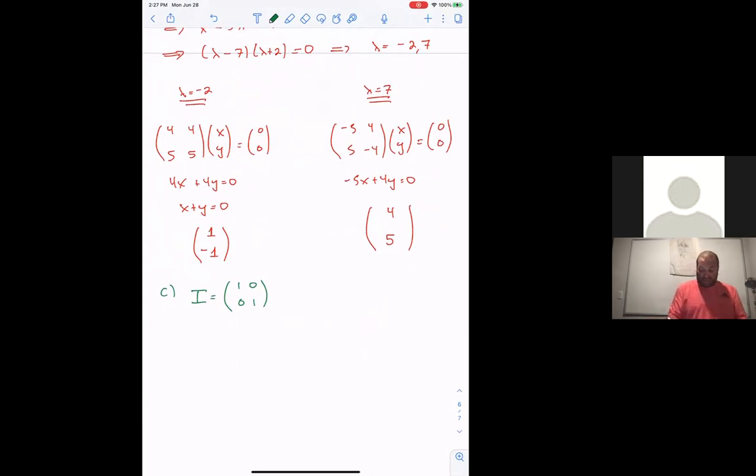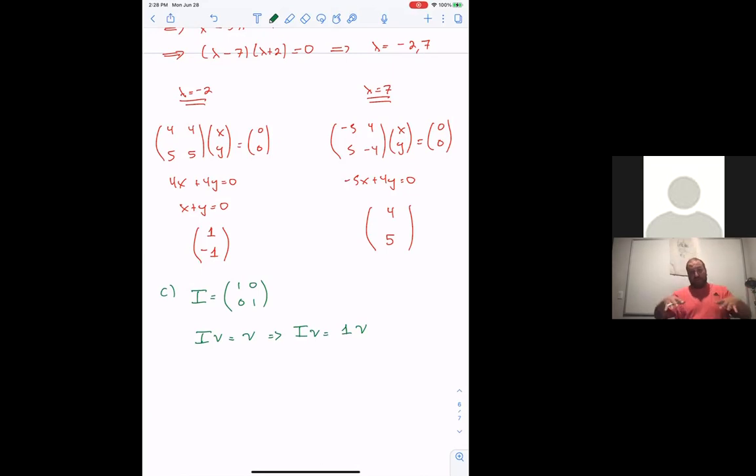We know that I acting on any vector just gives me that vector back. It's the identity matrix. In other words, Iv is equal to 1v for all vectors. No matter what vector you give me, they're all eigenvectors. Everything's an eigenvector with eigenvalue 1.